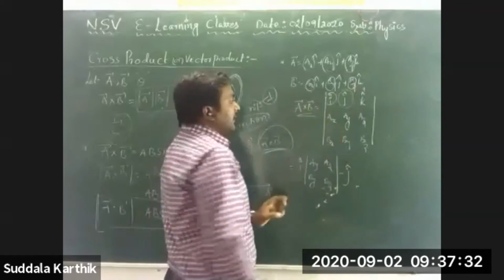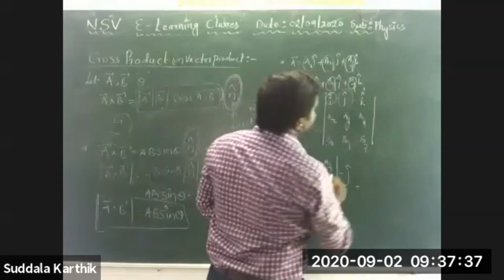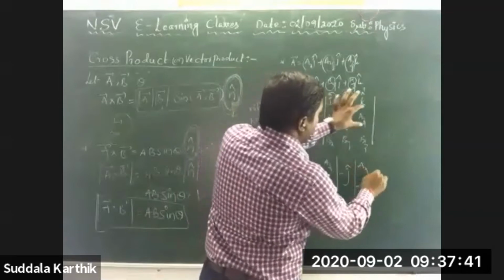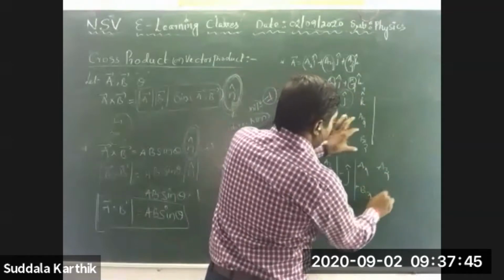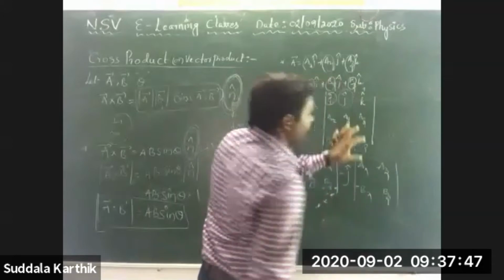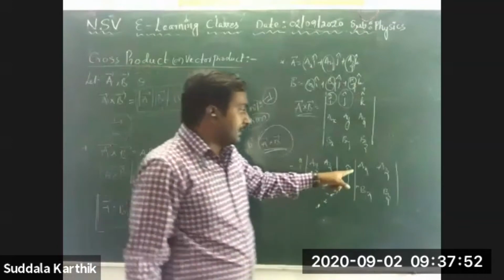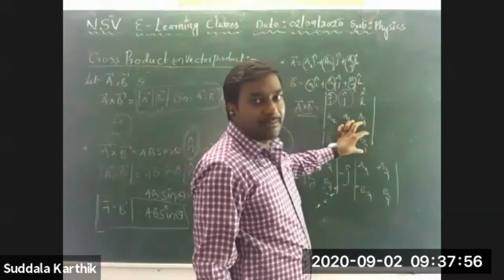Next, please cancel this column and cancel this row. The remaining are AX, AZ, BX, BZ. Is it clear?